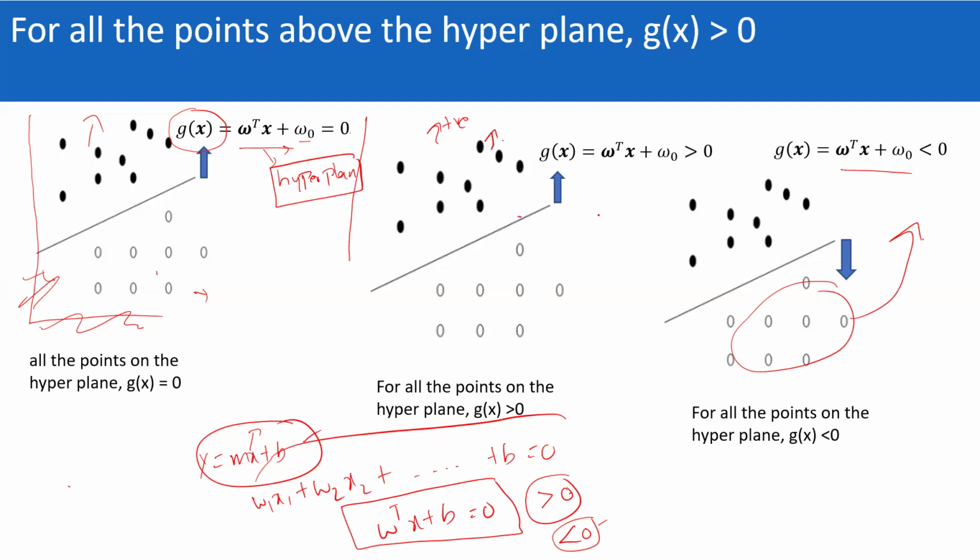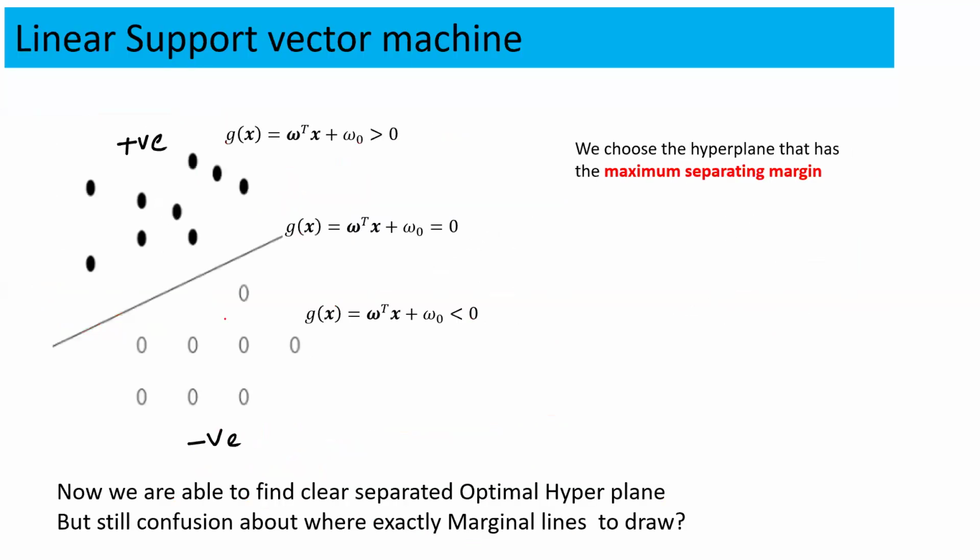Fine. If you combine them, you can see this complete equation: W transpose X plus W naught greater than 0 is the positive class, and the other is the negative class. We pass all the data points through this, achieve the negative data points, and also find this hyperplane, which separates both classes very clearly.